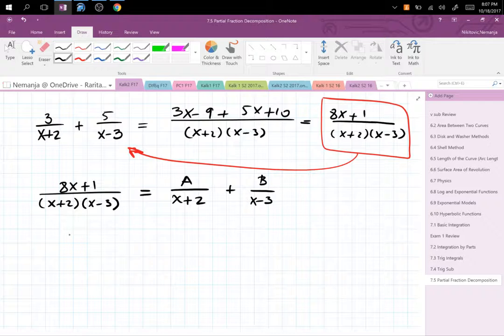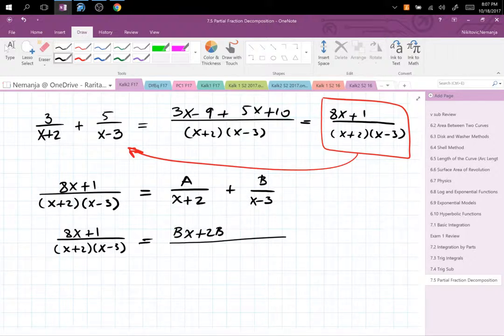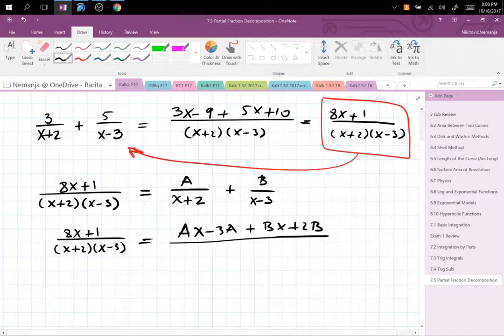The way we do this is we add those guys here using the cross multiply. So we have a times x minus 3, which is ax minus 3a, plus b times x plus 2, which is bx plus 2b, over x plus 2, x minus 3.